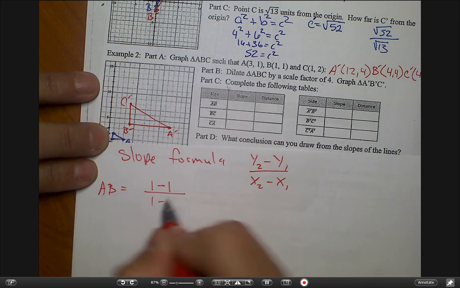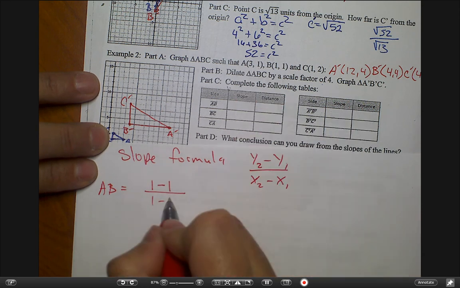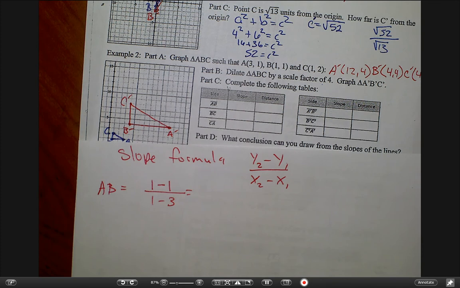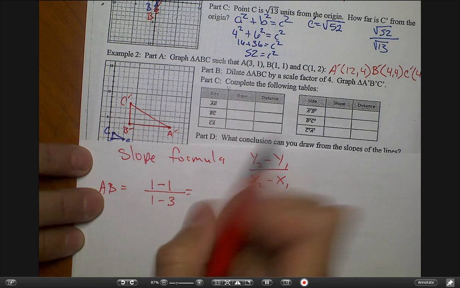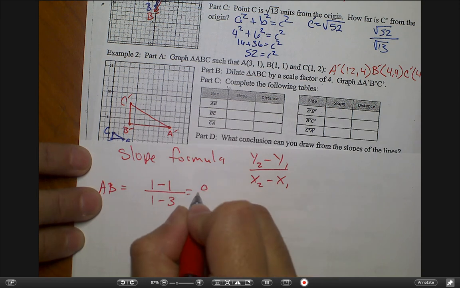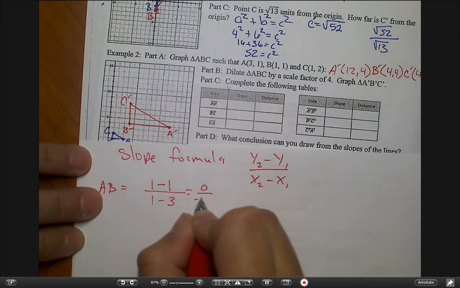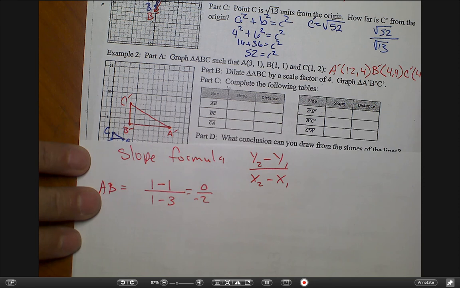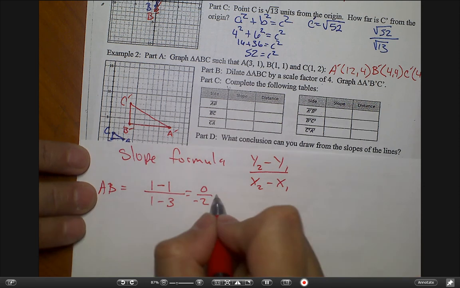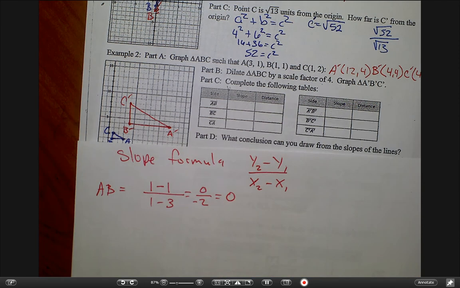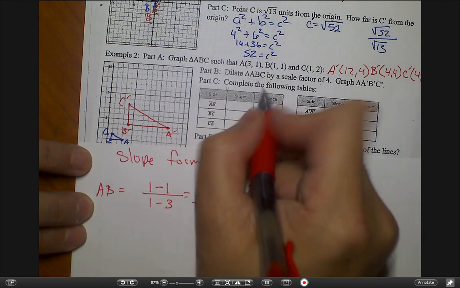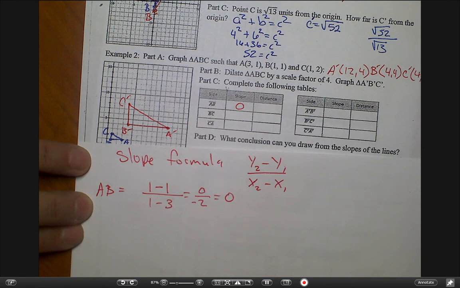So it's 1 minus 3. All right, so 1 minus 1 gives me 0 over negative 2. So 0 divided by negative 2 just gives me 0. Right? Okay, so my slope for AB is 0. Okay, now let's do the next one.